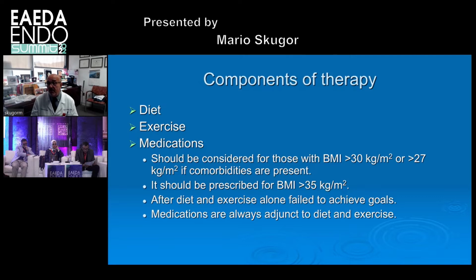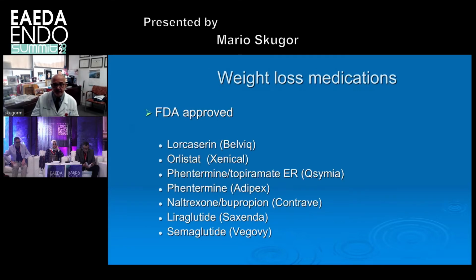You should really prescribe it. Once you reach this level, medication should be introduced. And of course, this should be done after diet and exercise alone have failed to achieve the weight loss goals. And these medications that we're going to discuss are always just in addition to diet and exercise, as an adjunct to the therapy.